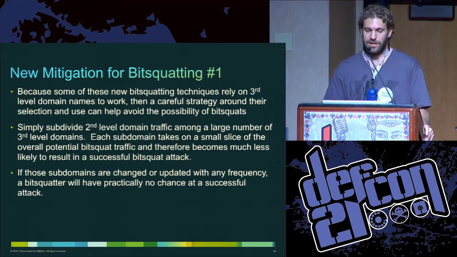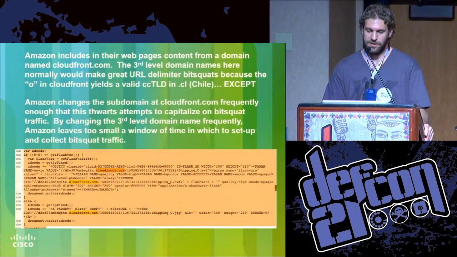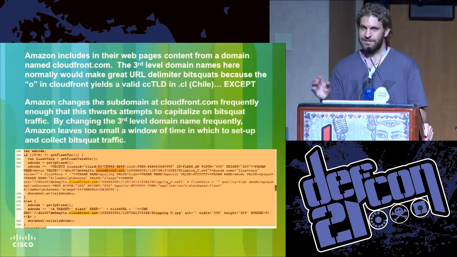So one of the ways that we actually saw used in practice, and I don't know that they were necessarily doing this on purpose, was that Amazon uses kind of a roving domain defense here. If you look at the source code from some Amazon pages, you'll notice that they have this domain cloudfront.net. Normally the O in CloudFront would make these perfect bitsquat domains, based on the letter O flipping to a slash in the country code .cl, which is Chile.